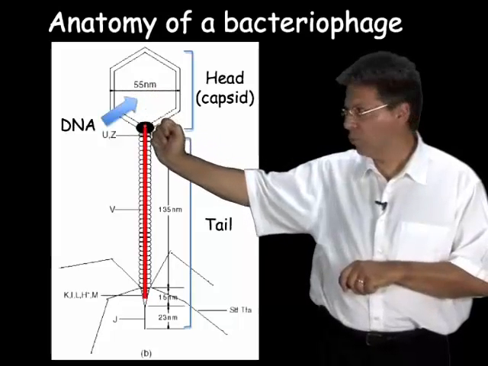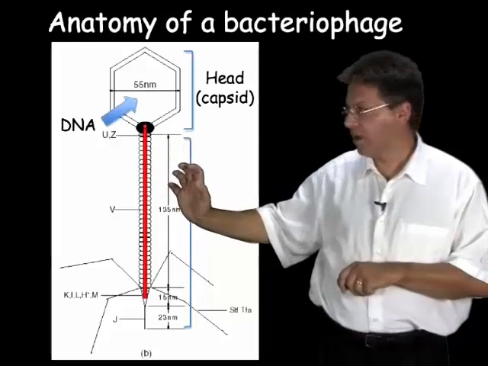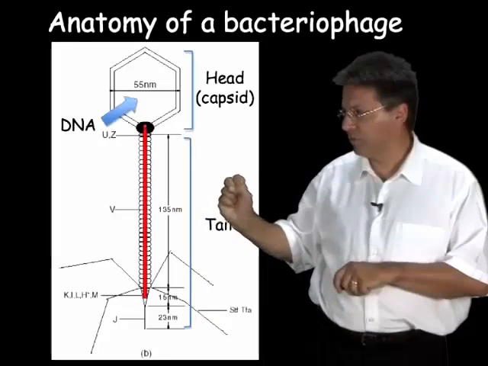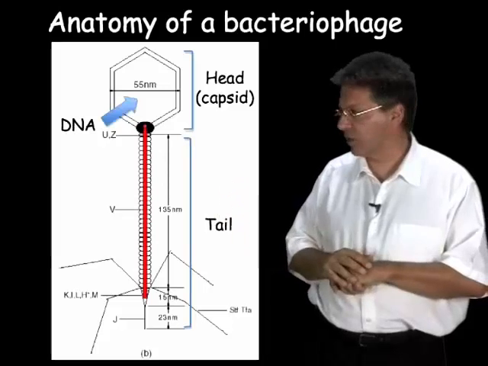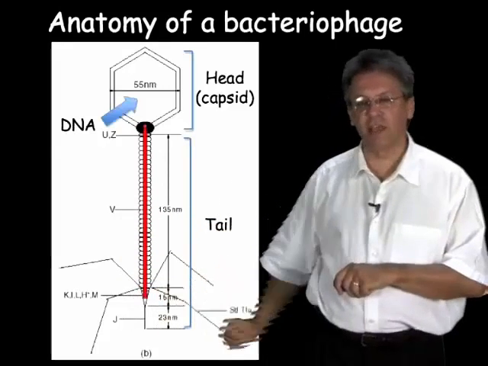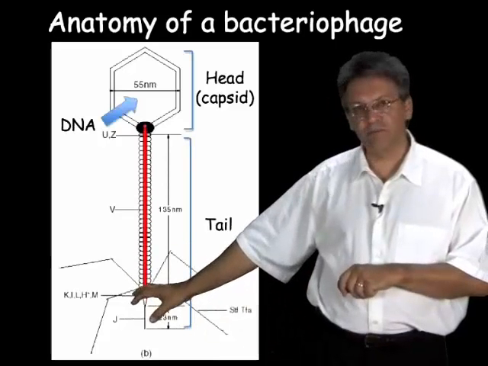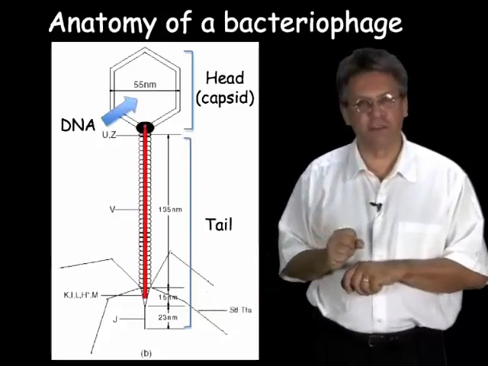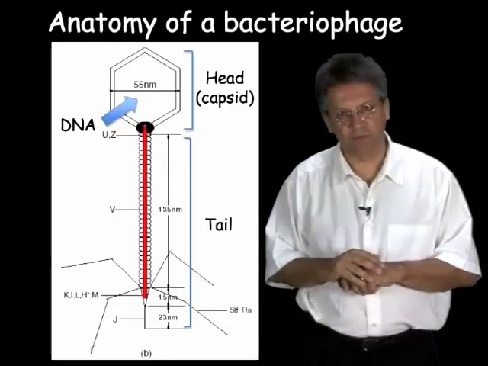And so we can see, and we now know from our understanding of what these types of viruses look like, that this structure here at the very bottom, which is the tip of the tail, is the region that recognizes and binds to the outside of the bacterial host.